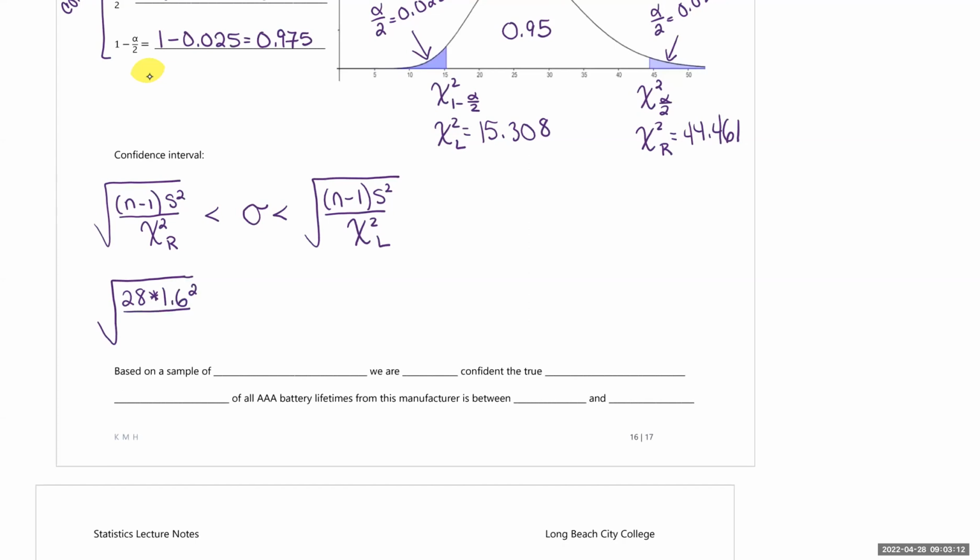Then we divide by chi-square right, which is 44.461. And that's our lower limit. Then for our upper limit for the confidence interval, the numerator is the same, 28 times 1.6 squared, divided by chi-square left, 15.308.